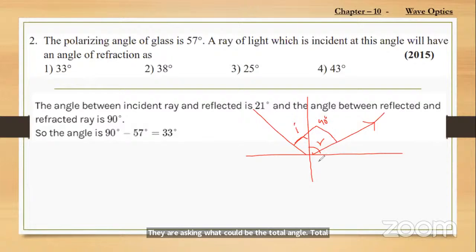Brewster's law says that if unpolarized light is incident on a surface, it is reflected completely plane polarized at 90 degrees to the refracted ray. So 90 minus 57, where 57 is the Brewster's angle, gives the refracting angle of 33 degrees. Okay, we'll see the next one.